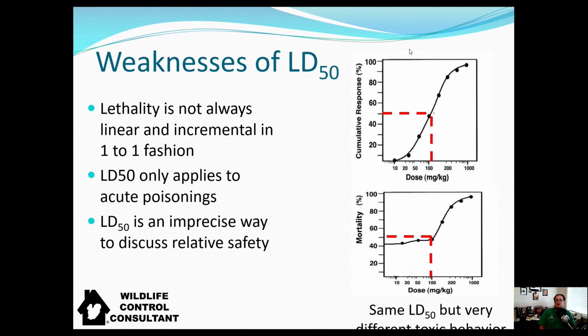It doesn't deal with subchronic or subacute exposures, I should say, in terms of how toxic it is if we take a little bit over time. Alright, I know that was really geeky there, and I hope that would help you understand that LD50 and how it's good and bad. It can be a little deceiving if you're not careful.